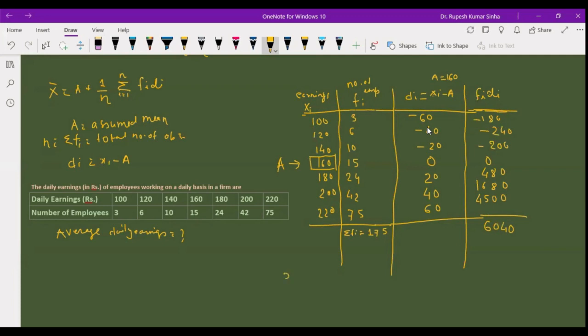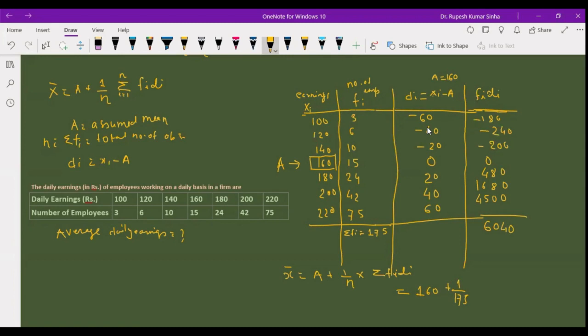Now let us put all these values in our formula. So our formula is what? X bar equal to assumed mean plus 1 by n into summation of Fi di. We are going to put everything into this, equal to 160 plus 1 by 175. So see, our n is the total number of observations, that is the total number of frequency. So we had 175 employees.